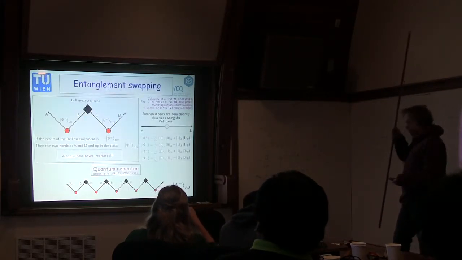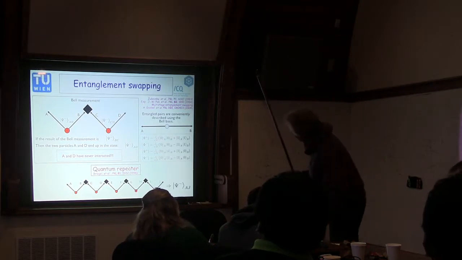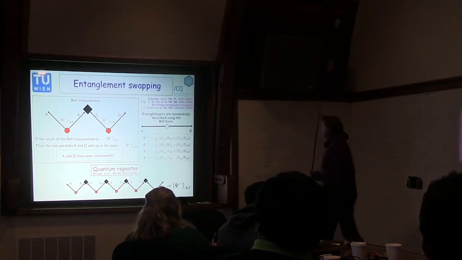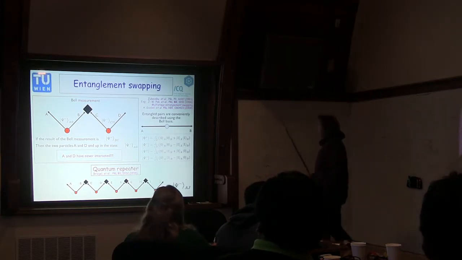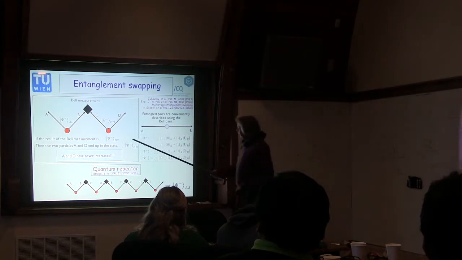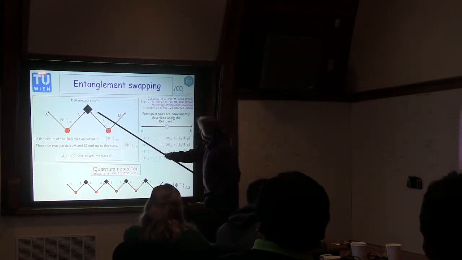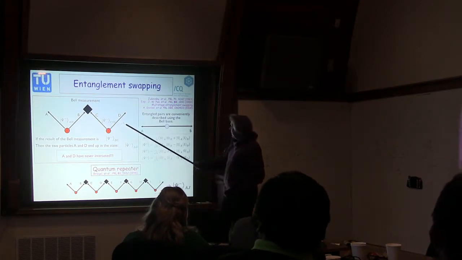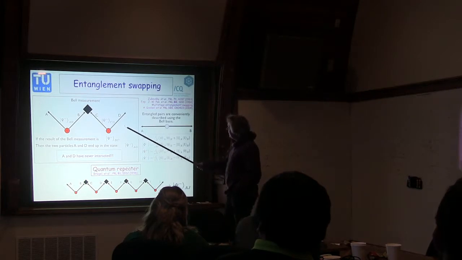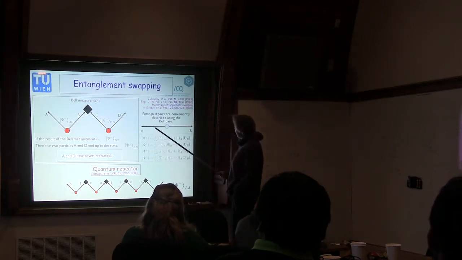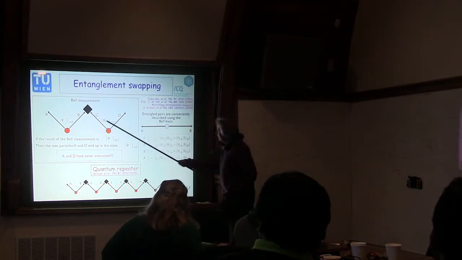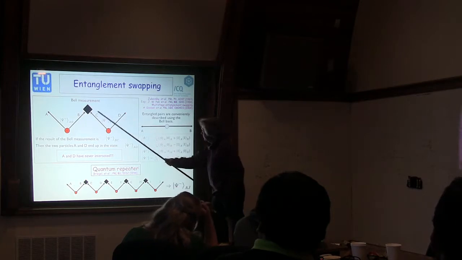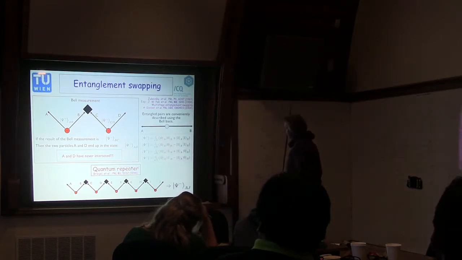Now, what is entanglement swapping? Entanglement swapping, I think, was first discussed in this old paper by Marek Zukowski and Anton Zeilinger in 1993, and experimentally demonstrated in 1998. Basically it means that if you take two entangled states and make a Bell state measurement in here, you can very easily see that if you take this psi minus Bell state between AB and CD and make a Bell state measurement, then depending on the outcome of the Bell state measurement, you project A and D into an entangled state.